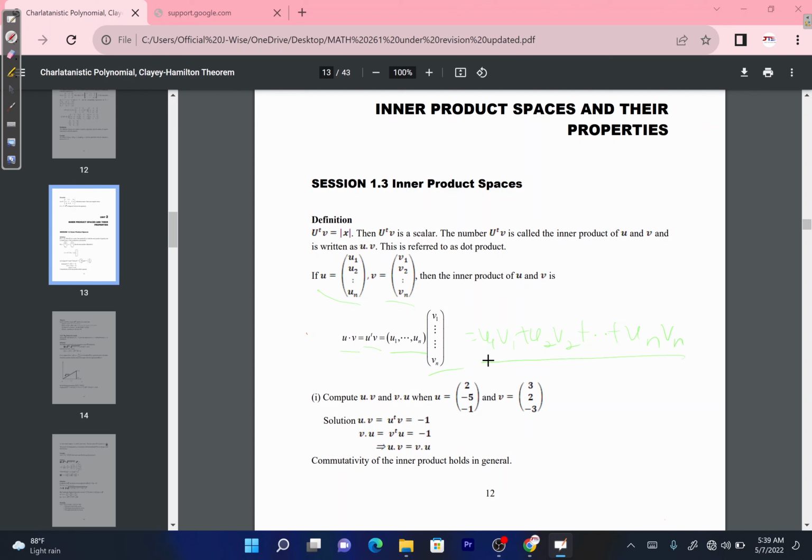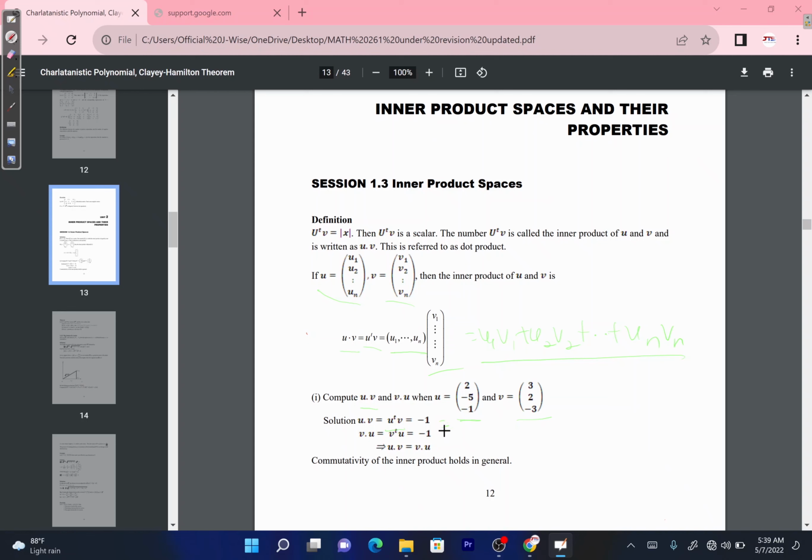Now we have a typical example. Let our u be 2, -5, -1, and our v be 3, 2, -3. Then the inner product of u and v, that's u dot v, is given by u transpose v.